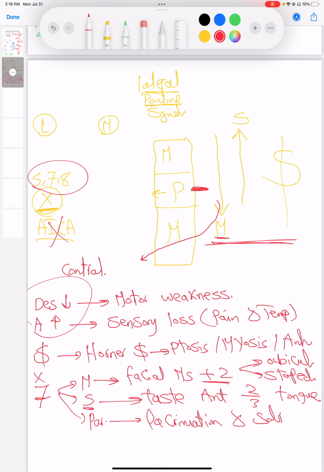And the ascending tract, which is sensory, decussates or crosses at the level of the spinal cord. So it's contralateral as well. So the motor and sensory symptoms are contralateral, okay? And the sympathetic and the facial nerve are ipsilateral.